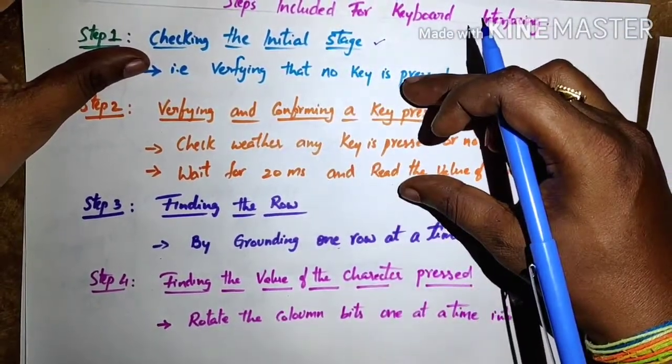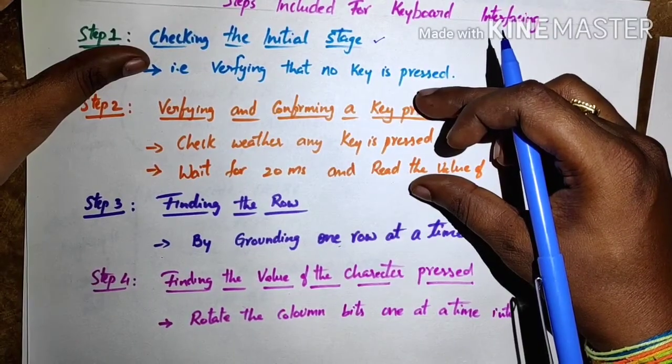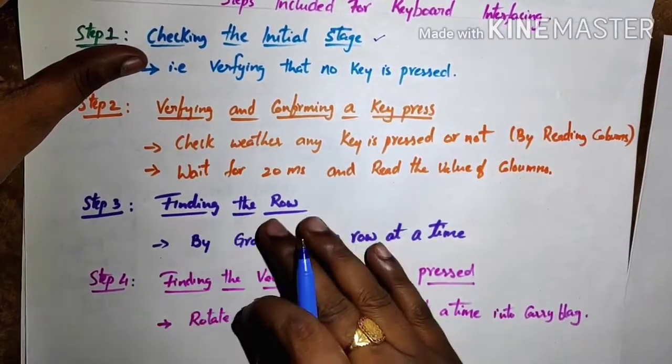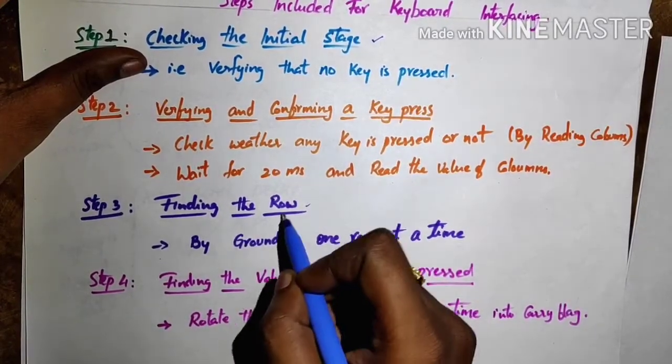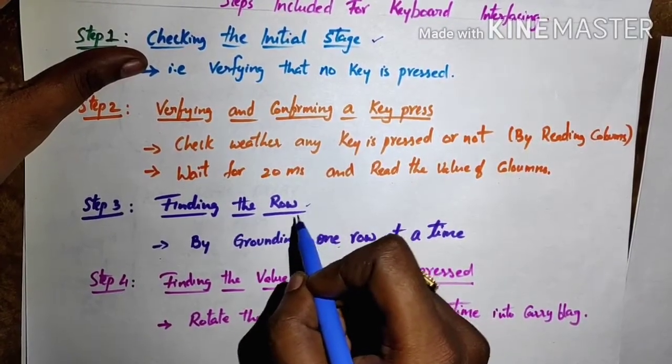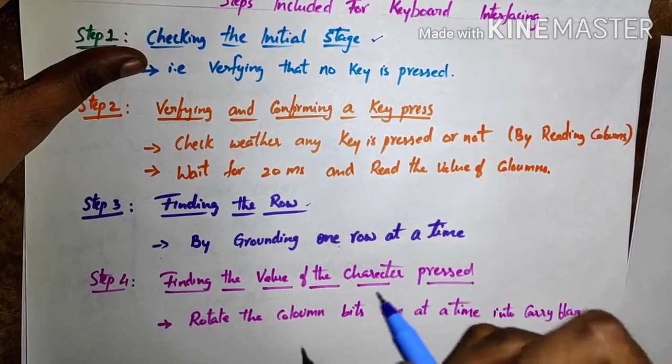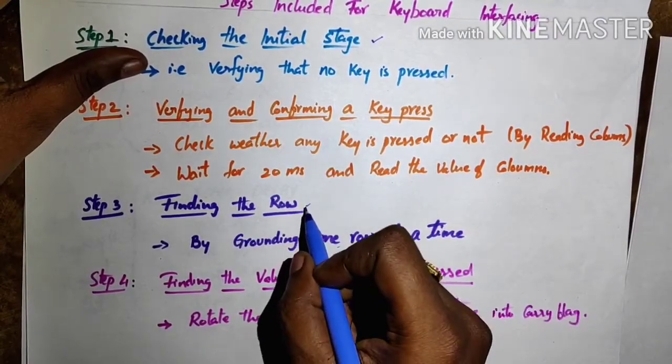Once a key has been pressed, in the next step it will find the row, that is, which row the particular key is assigned to.